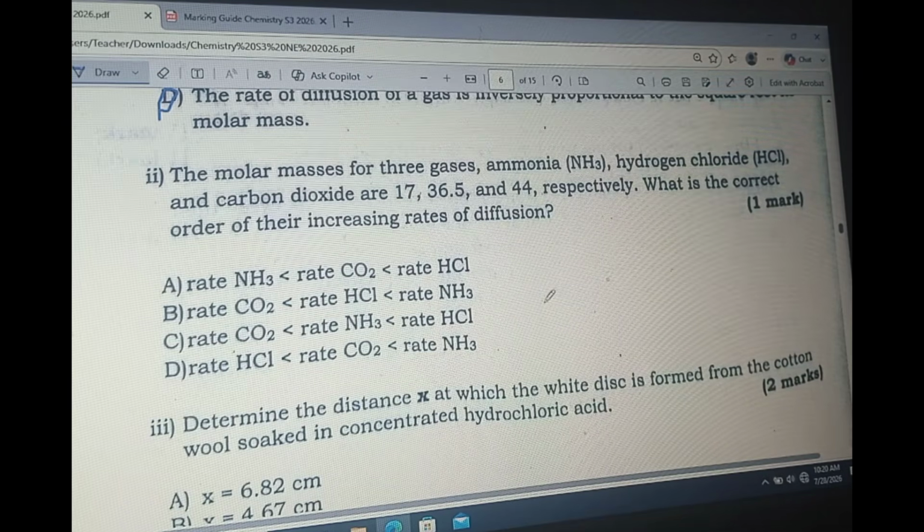We have the formula of Graham's law of diffusion, which means the rate of ammonia is proportional to the square root of 1 over the molar mass of ammonia.